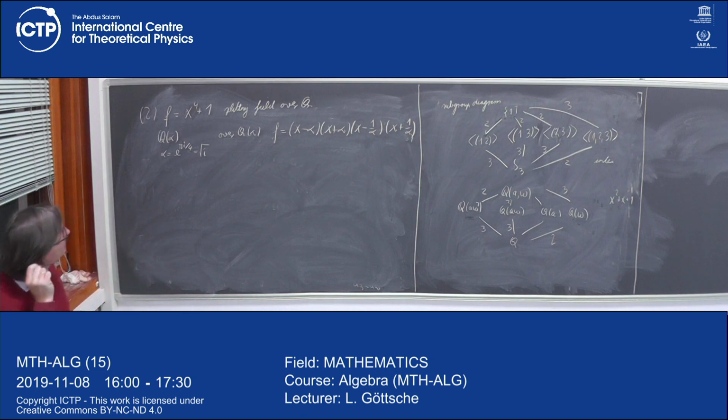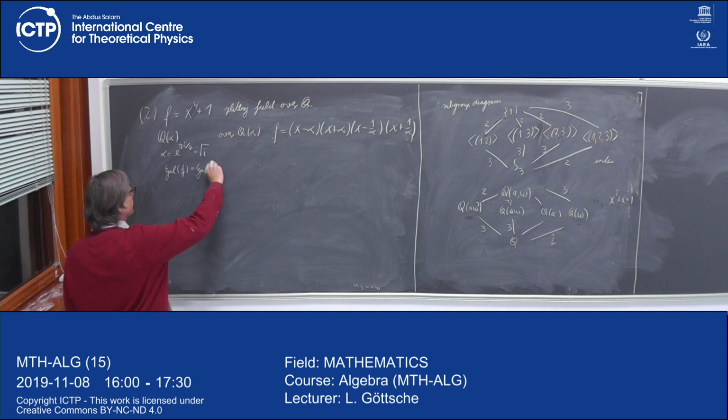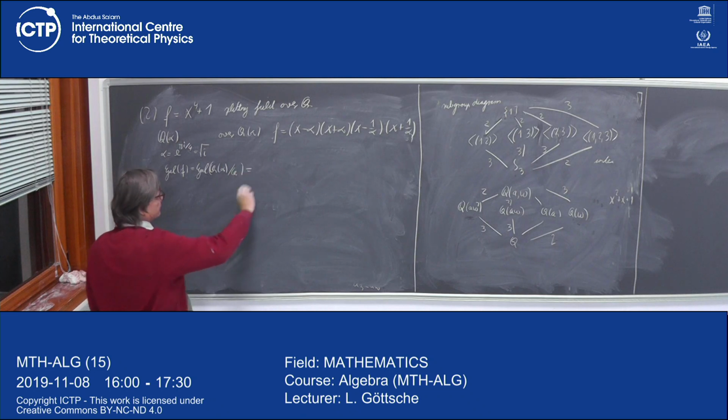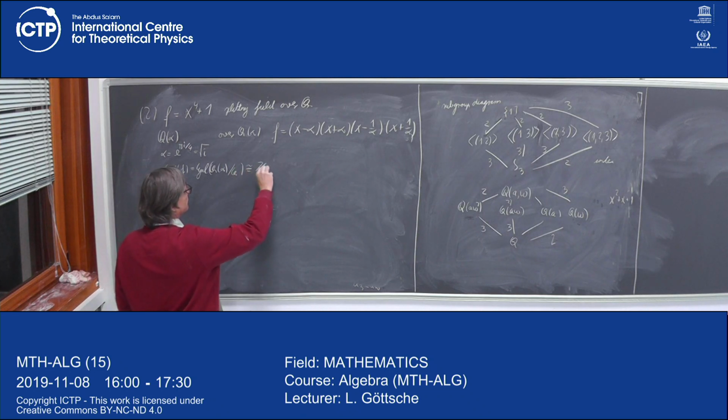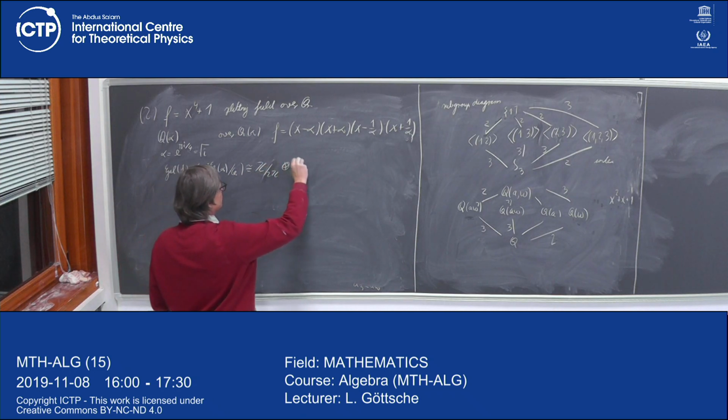And we also had seen that the Galois group of f, which is the Galois group of Q(alpha) over Q, is isomorphic to Z mod 2Z plus Z mod 2Z, it's not cyclic.